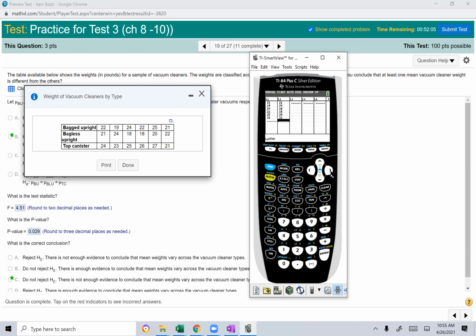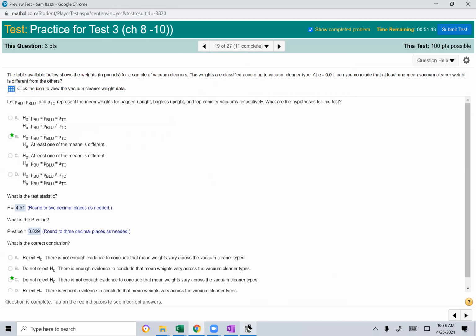The three samples don't have to have the same size, but it happened that they have the same size here, which is fine. Then L3: 26, 27, and 21. Okay, I'm done here.